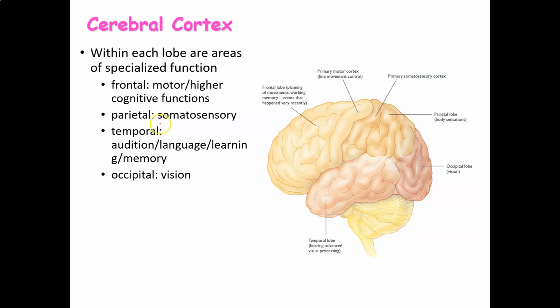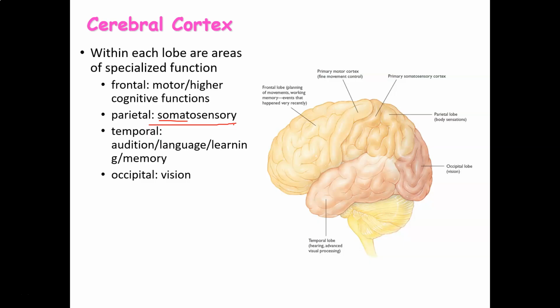The parietal lobe handles what's known as somatosensory function. Soma is another word for cell body, so in this case, we're referring to body sensations. Somatosensory functions include touch, temperature, pain, pressure, all of those things that we can feel with our skin senses are handled by the parietal lobe.